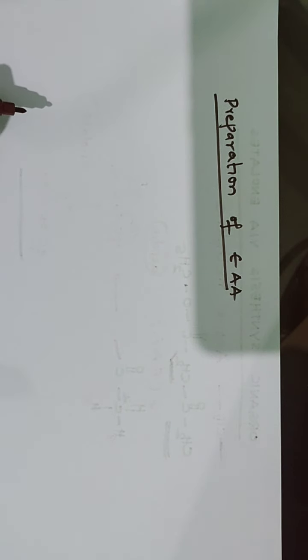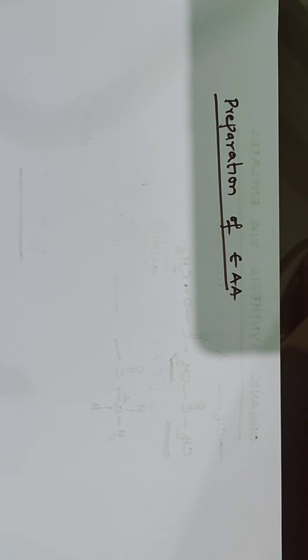Synthesis or preparation of ethyl acetoacetate. Ethyl acetoacetate can be prepared by condensation of esters having alpha hydrogen.